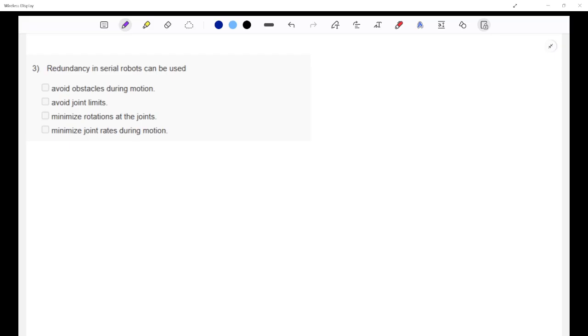So if the task requires just 6 degrees of freedom and the robot has 7, infinite solutions exist. This means the robot has extra freedom to optimize the motion. So redundancy allows optimization.